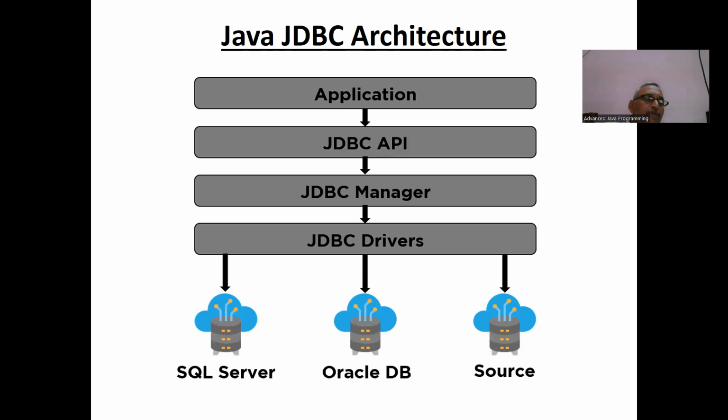We can use the JDBC API to handle a database using a Java program and can perform the following activities: connect to the database, execute queries and update statements to the database, and retrieve the result received from the database.